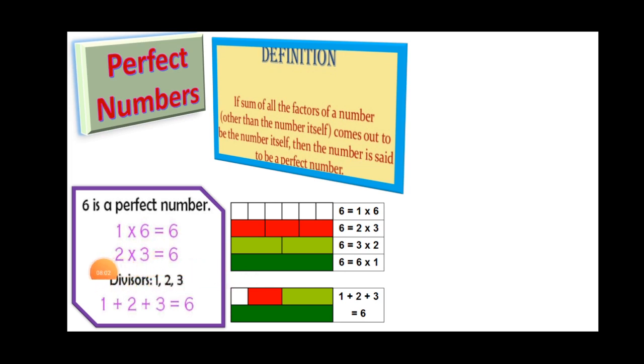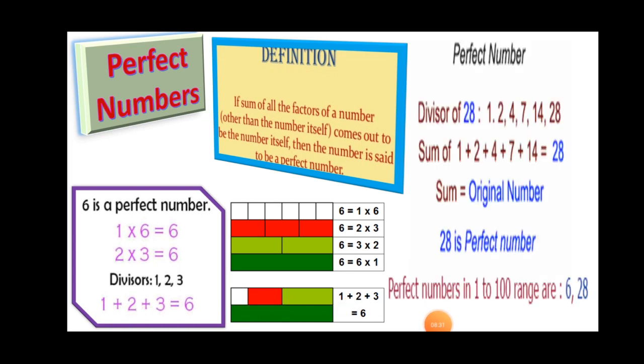So here you can see that the divisors of 6 are 1, 2, 3, as we are excluding the number itself from its factor list. So we will not consider 6 here as its divisor. Now while adding these other factors, leaving the number itself from its factor list, we can see that when we add 1 with 2 and then 2 with 3, we got 6 here.